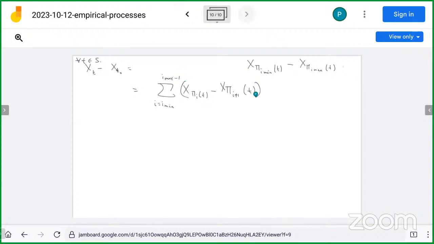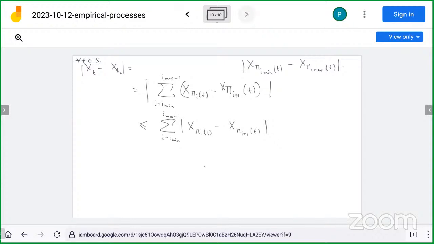Okay, so let's actually look at the absolute value. And now you use several things.